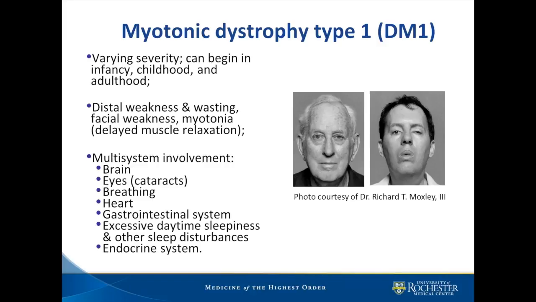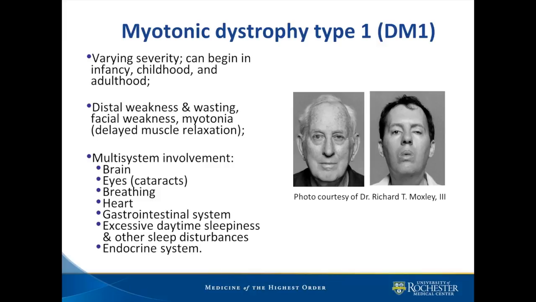Its primary features are distal weakness and wasting, although some patients don't have that for many years. Facial weakness, as you see in the photograph of the father and son on the right-hand side of this slide, and then myotonia typically showing up in grip, but sometimes in the tongue and sometimes in the jaw and other places with delayed muscle relaxation after activation.